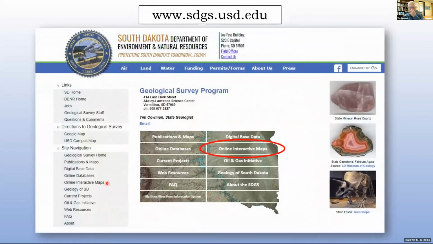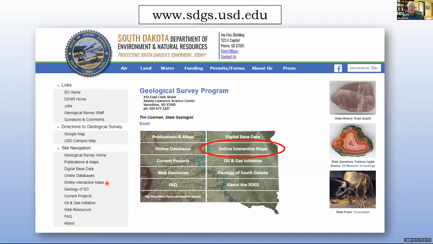So in order to get to this map, there's a couple of ways you can do it. You can go to the South Dakota Geological Survey's website, which the address is on the top of this slide. Or if you're familiar with DENR's online GIS map gallery on the DENR website, you can go there as well. They'll both get you there.